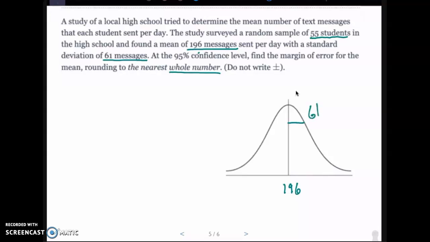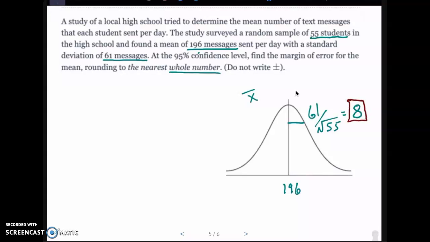But because I'm dealing with all of the different X bars, this curve represents all the different X bars, I need to divide by the square root of n, which is 55. So if I do 61 divided by the square root of 55, and they want you to round to the nearest number, I get 8.22. I'm going to round that to 8. So that's my standard deviation.